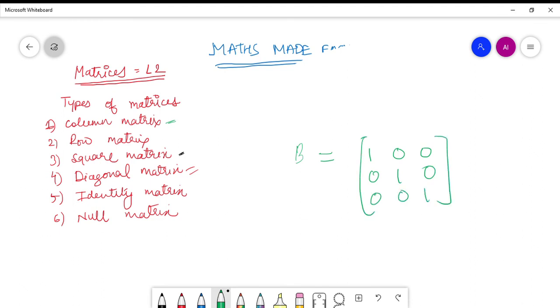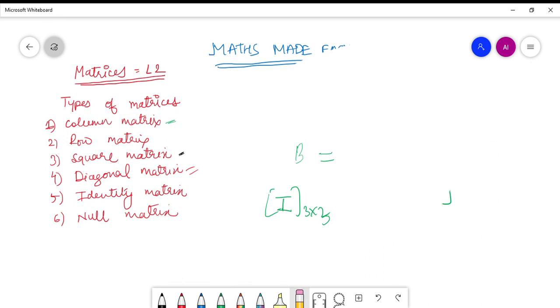If you see, the diagonal elements are 1 and all other elements are 0. It's an identity matrix, and we represent it by I of 3 cross 3. A 2 cross 2 identity matrix will be 1, 0, 0, 1.